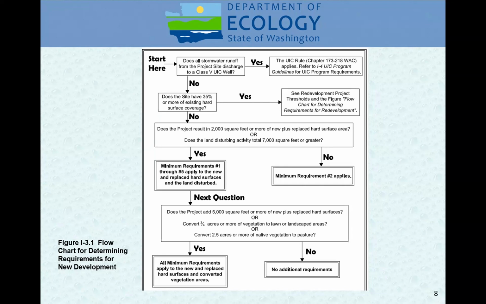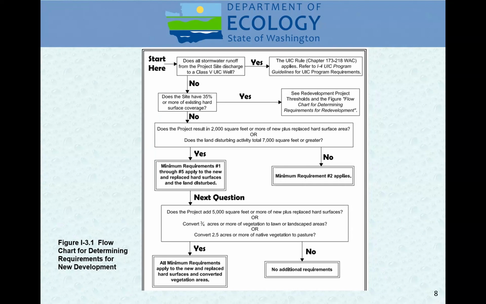The manual and the UIC rule treat infiltration through UICs differently. So we needed to make a determination of when a project has to follow the UIC rule and go through the UIC rule completely, or when the project has to follow the permit. Any new project is going to have to do one or the other, and so we're trying to help you decide which is which.